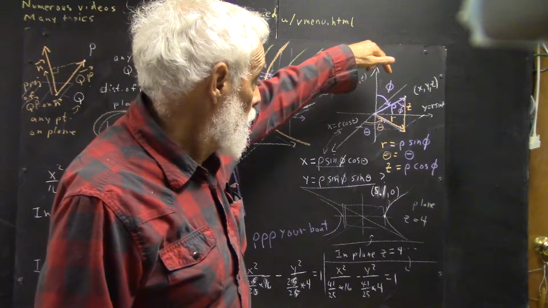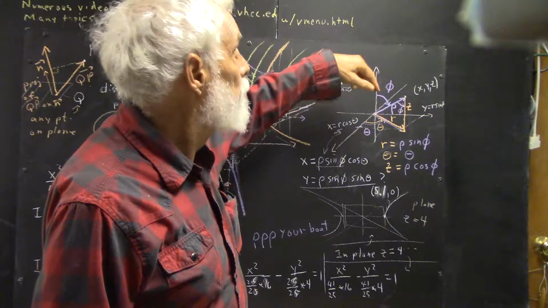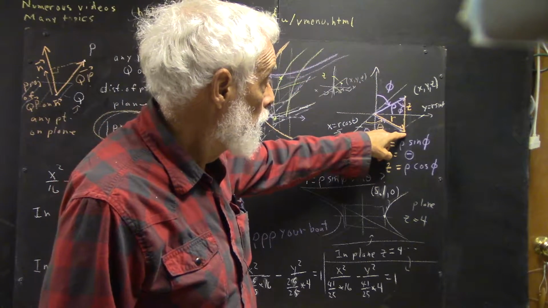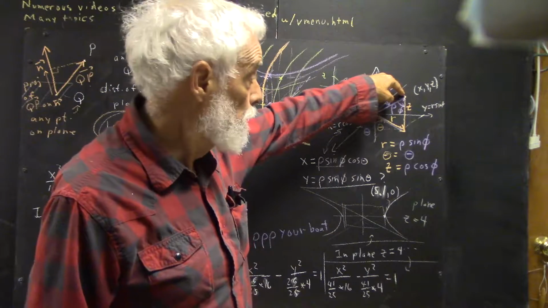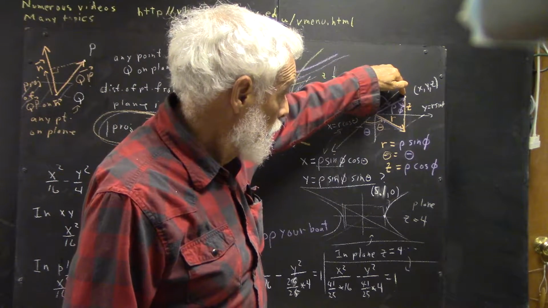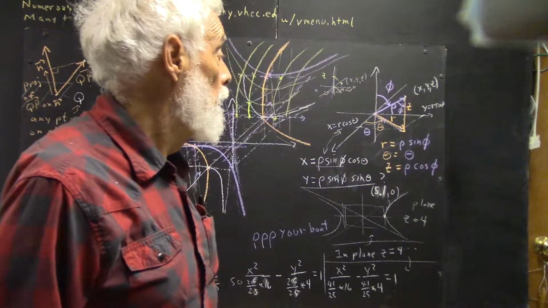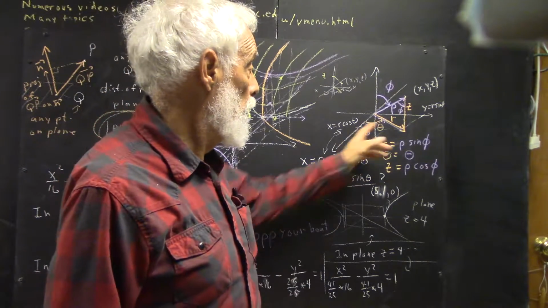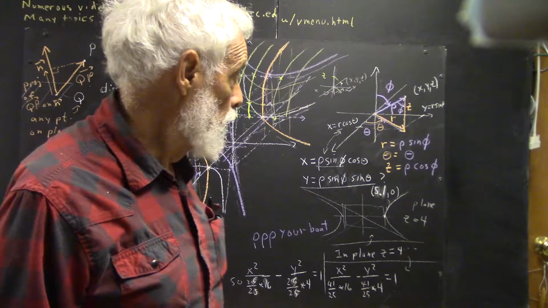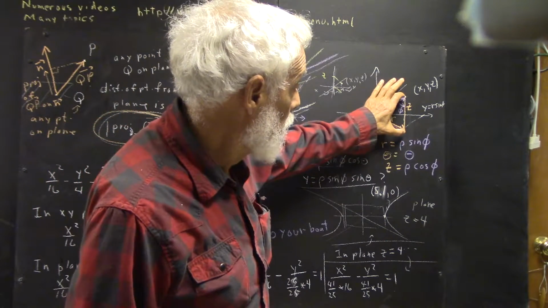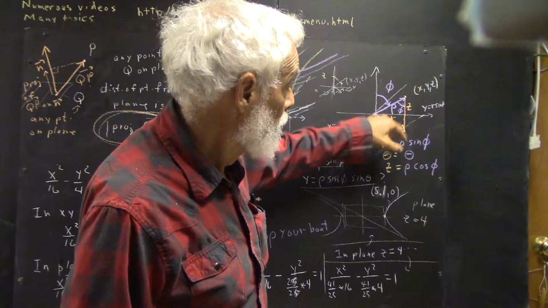So, if we specify the polar coordinates of the point in the plane that is directly above or below the point that we're trying to label, then we have two of what we call the cylindrical coordinates. And the third cylindrical coordinate is just how far above or below the plane we are.